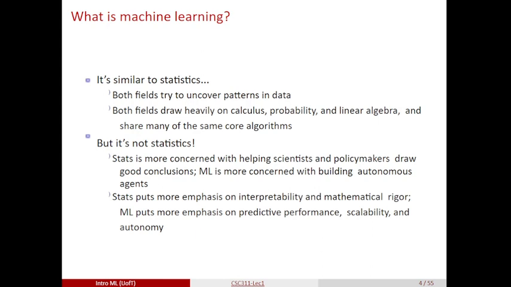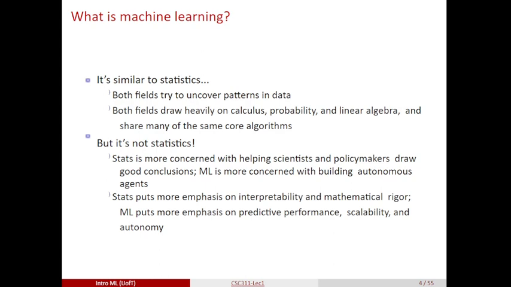It's similar to statistics. Both fields try to uncover patterns in data. Both fields draw heavily on calculus, probability, and linear algebra, and share many of the same core algorithms. However, it's still not statistics, because statistics is more concerned with helping scientists and policymakers draw good conclusions, while machine learning is much more concerned with building an autonomous agent.